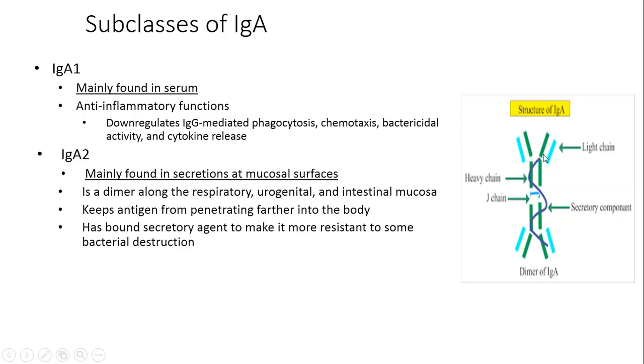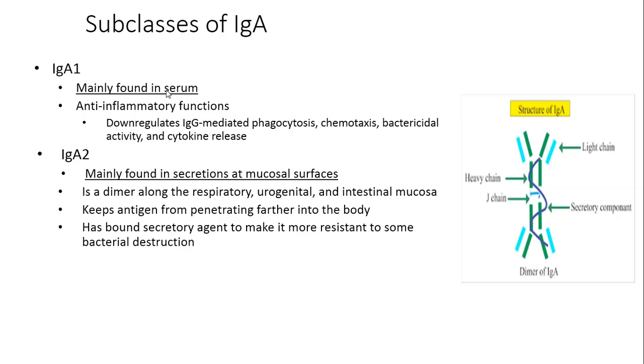So we have a slight variation in the hinge region of IgA1 and IgA2. IgA1 is mainly found in the serum, or in the host it would be in the plasma.